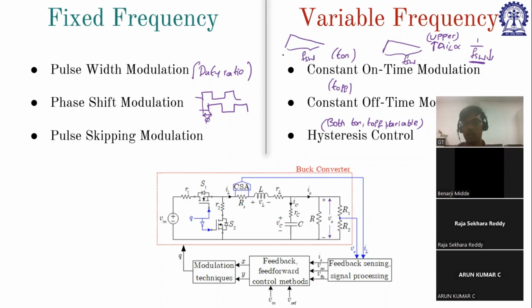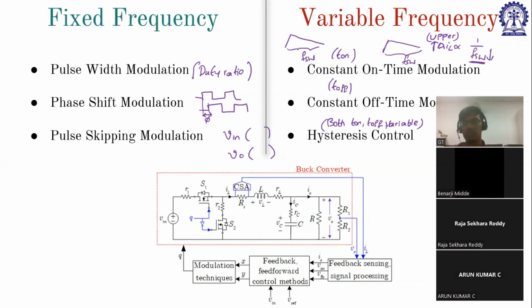Say V input has some range and V output has some range. So considering the worst case scenarios, the switching frequency will vary, right? So what will be the maximum switching frequency and what will be the least possible switching frequency, which is again coming from here. So for the given set of V input and V output, there will be a maximum switching frequency, and from there you are getting it.